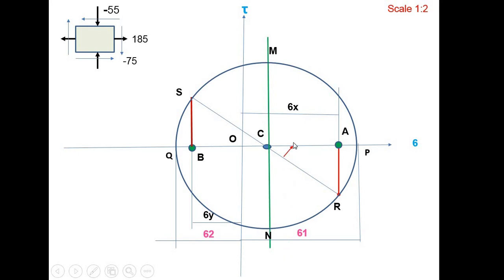Now this angle is 2 theta p1, meaning the angle of the major principal plane with respect to the reference plane.